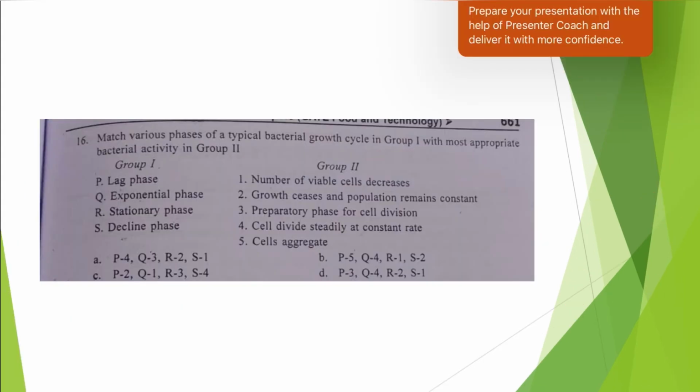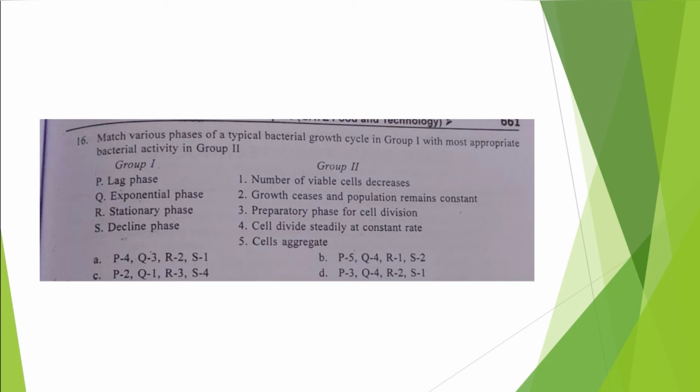Match various phases of a typical bacterial growth cycle in group 1 with the most appropriate bacterial activity in group 2. Let us match. Lag phase is a preparatory phase for cell division.